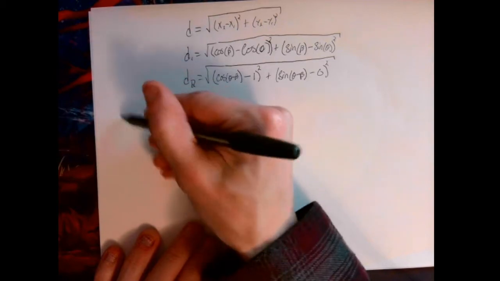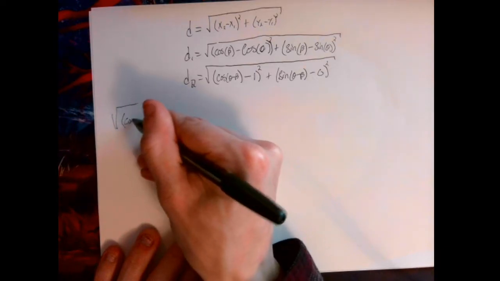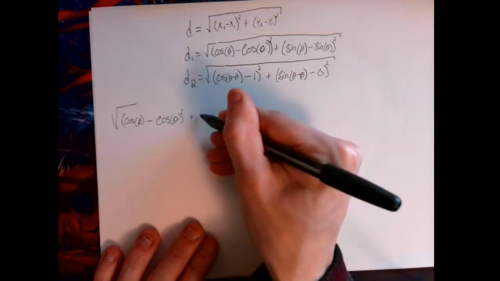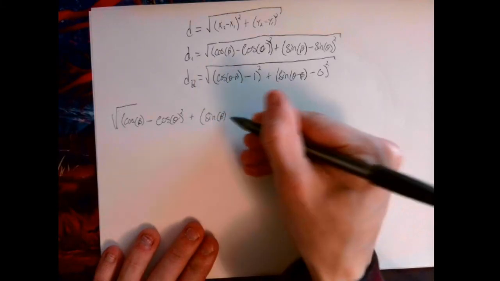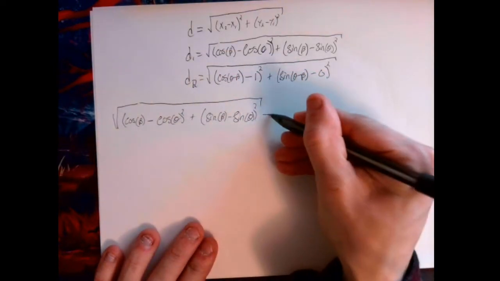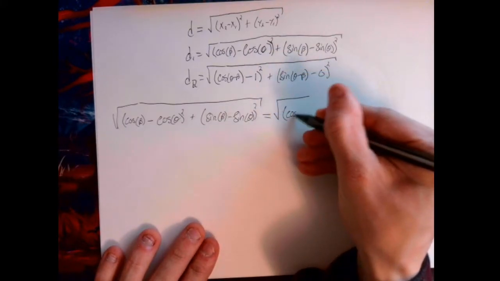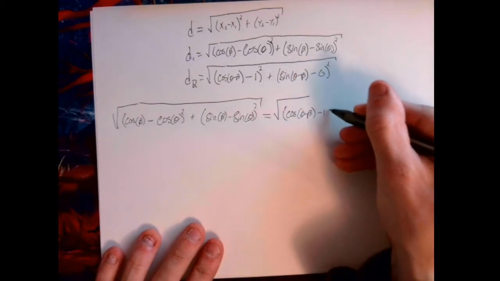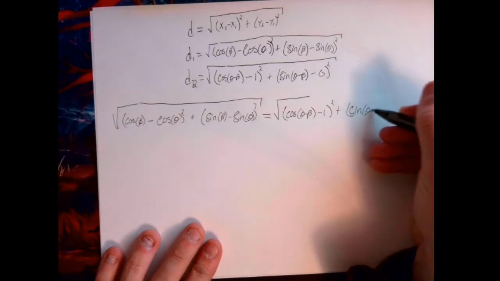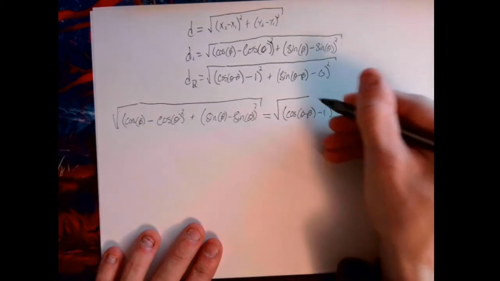So we'll say that the square root of cosine of beta minus cosine of theta squared plus sine of beta minus sine of theta squared is equal to the square root of cosine of theta minus beta minus 1 squared plus sine of theta minus beta minus 0 squared.